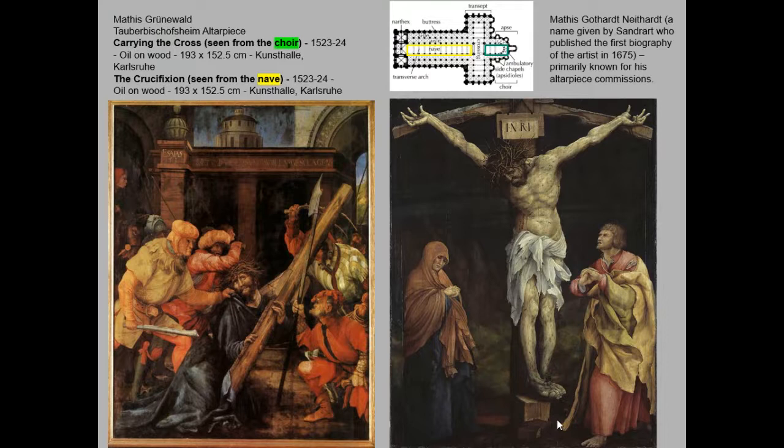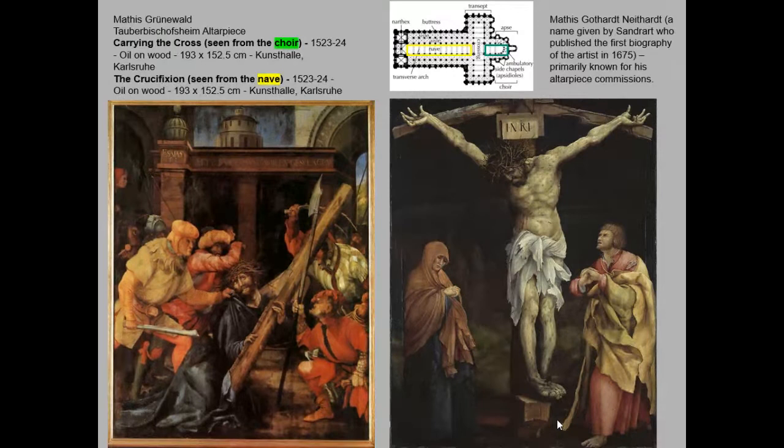Definitely the work of Matthias Grunewald is important for us. His work is definitely seminal to the German Renaissance style. This is the front and back of an altarpiece that would have been placed along the crossing in a cathedral, and so the area that's highlighted in yellow is the nave.